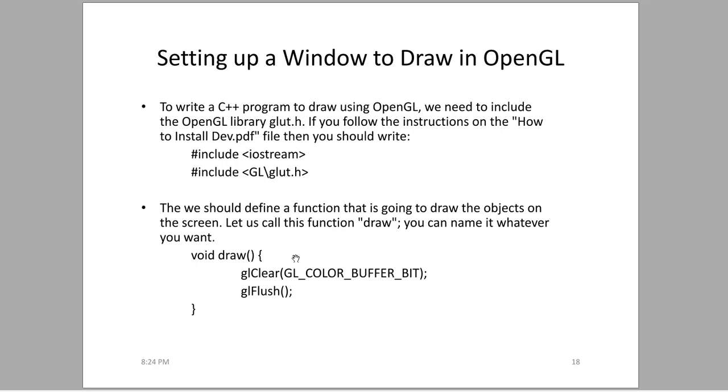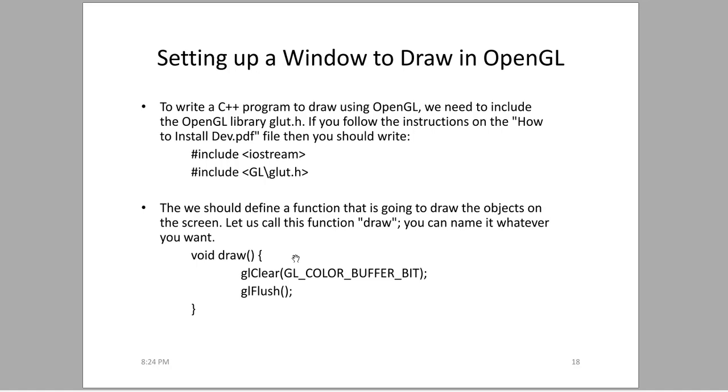Then there is glFlush, and glFlush will be used after you have drawn something on the screen. So glFlush means just finish all the drawing and draw it completely. Okay, so between glClear and glFlush, you will do the drawing. So glFlush will be the last statement.